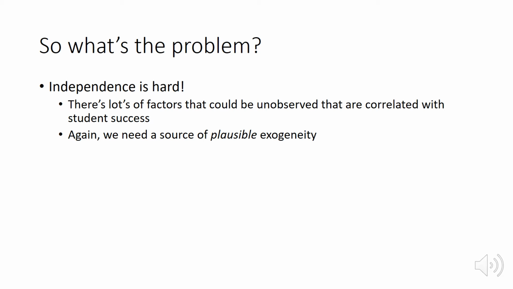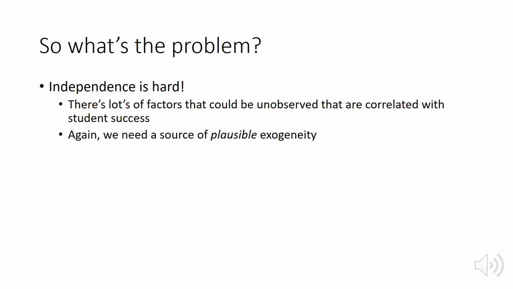The problem here is that finding conditional independence, this thing that makes our regression output plausibly causal, this thing that makes our regression output good, for lack of a better word, is hard. There's a lot of unobserved factors in any data-driven decision that we're interested in that could be correlated with student success or whatever it is that interests you.